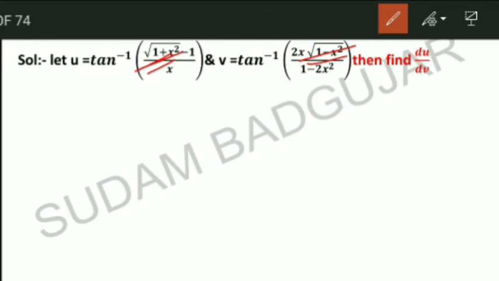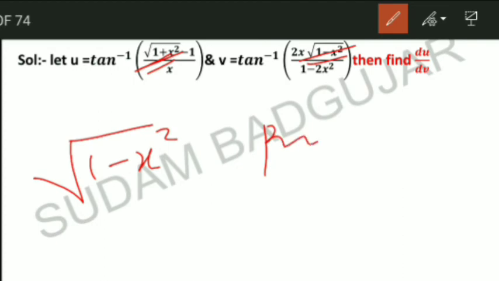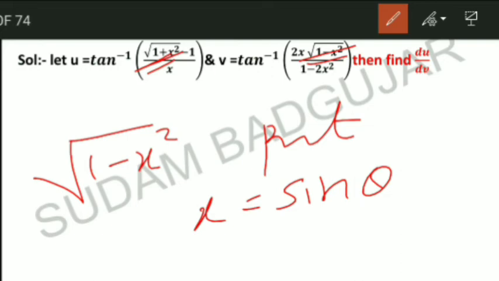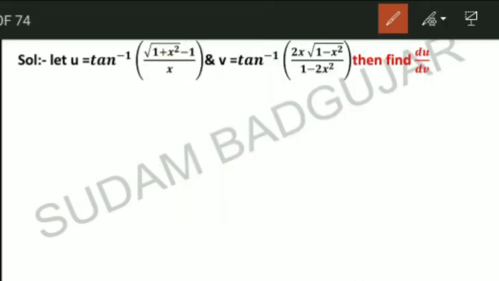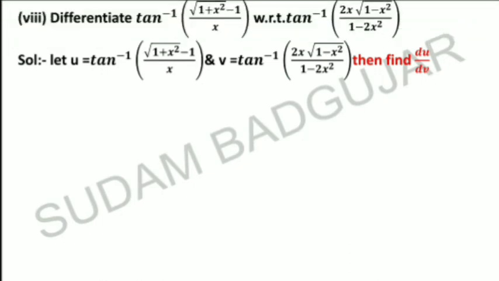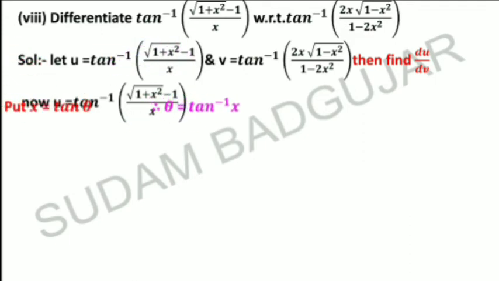If under root of 1 minus x square is there, then put x equal to sin theta or cos theta only, and if under root of 1 plus x square is there, then put x equal to tan theta. So here we have to find separate values, because the substitutions are different. For u it is tan theta and for v it is sin theta.